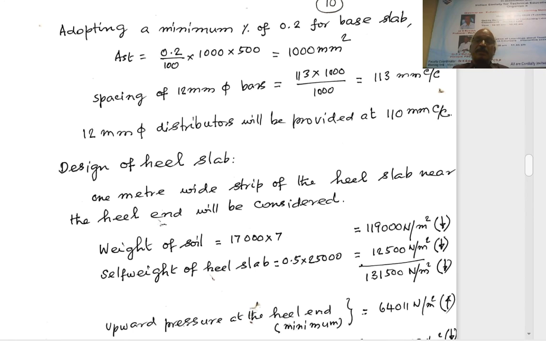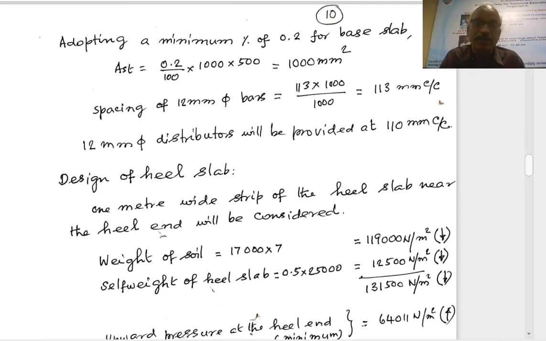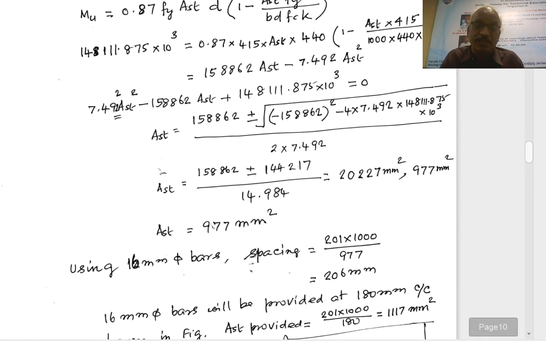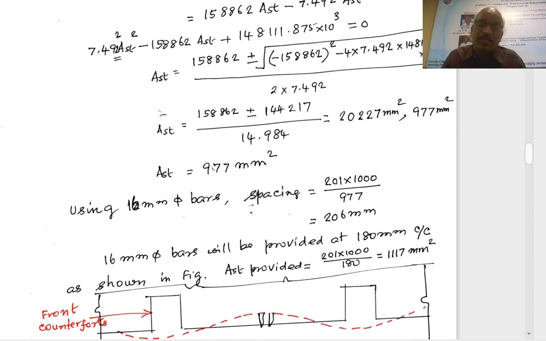So this will be provided in the perpendicular direction. Right. Now here one point to be checked is the minimum steel is 1000 mm square. What about the main reinforcement? Main reinforcement we have provided only AST equal to 977 mm square. That is a requirement. But there also we should have checked the minimum reinforcement is 1000 mm square. However, we know that AST provided, just above the figure, we can see AST provided is equal to 1117 mm square.